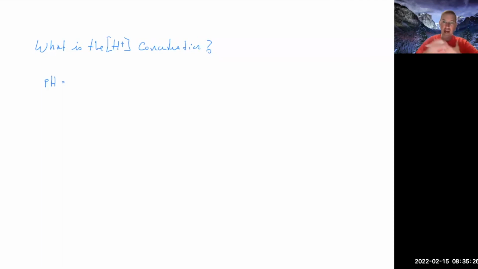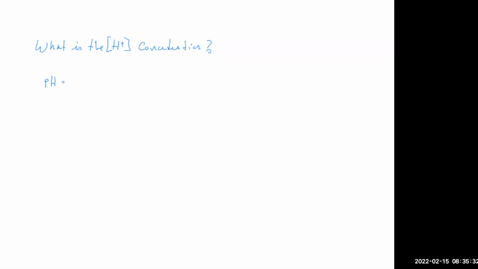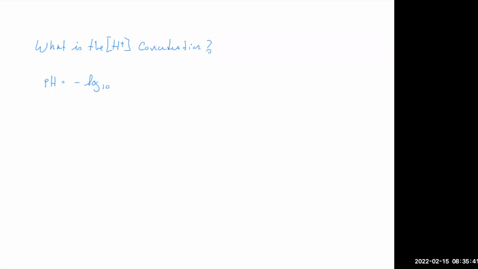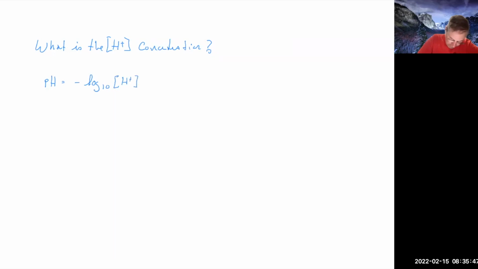But how do we actually get the pH? What does it equal? The negative log base 10. Good. Negative log base 10 of what, though? The hydrogen ion. Awesome. So pH equals negative log base 10 of the hydrogen ion concentration.